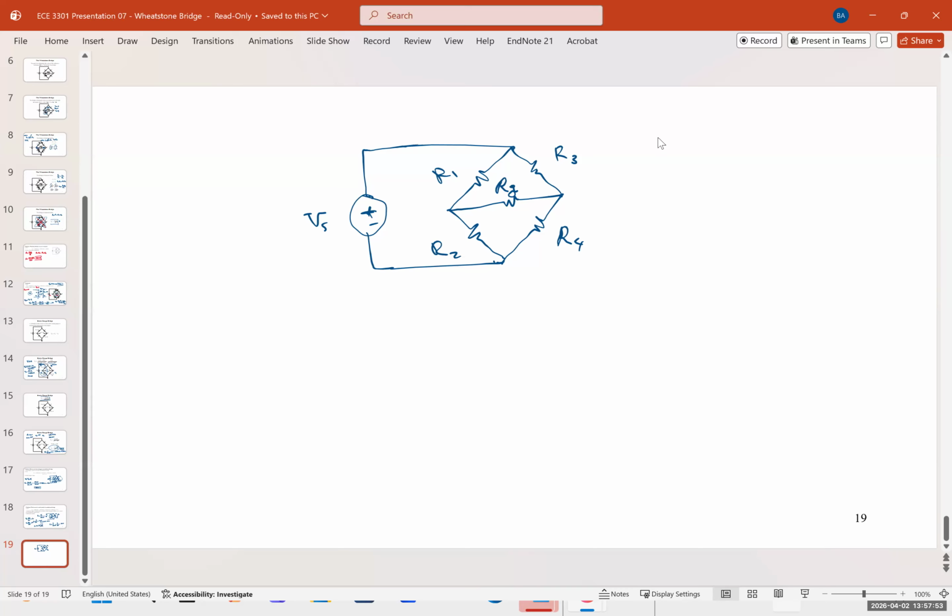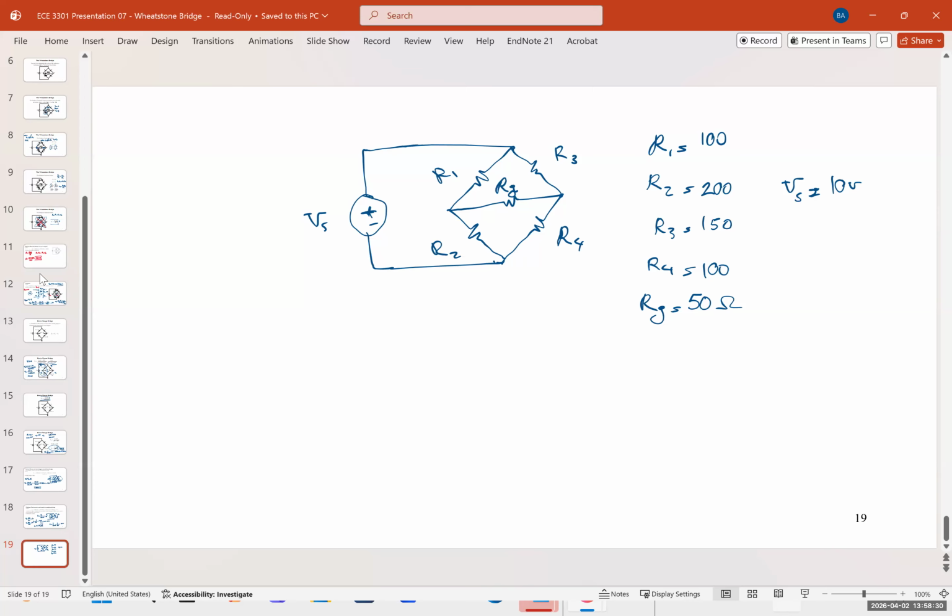Now, if R1 is 100, R2, let's say it's 200, R3 is 150, R4 is 100, RG is equal to 50 ohms, and VS is 10 volts.